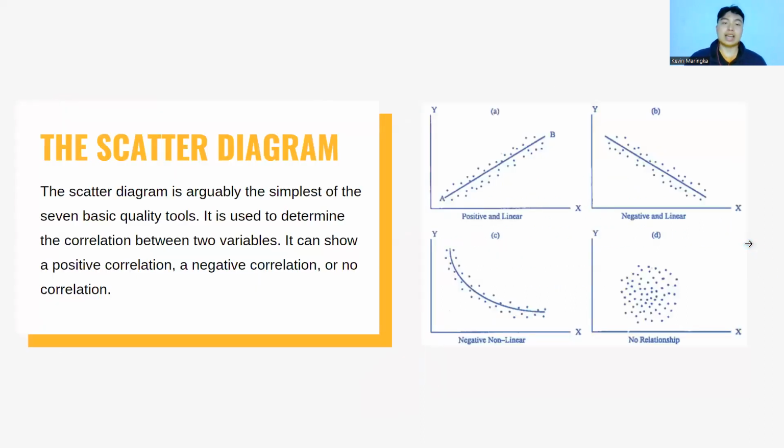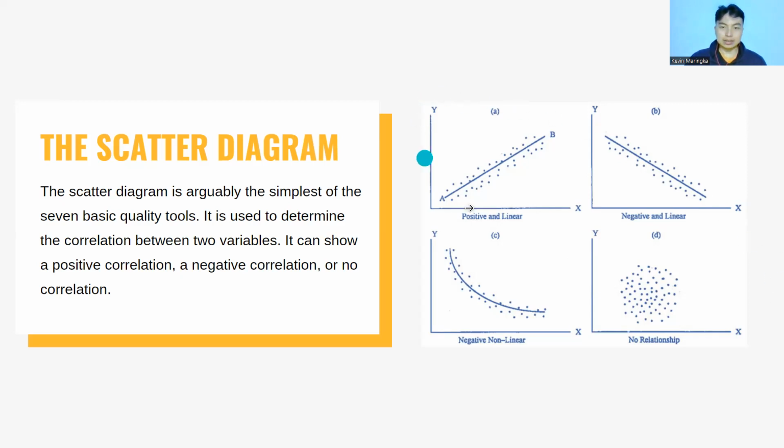The next one is the scatter diagram. The scatter diagram is arguably the simplest of the seven basic quality tools. It is used to determine the correlation between two variables. It can show a positive correlation, a negative correlation, or no correlation at all. This is an example of a scatter diagram. It's called a scatter diagram because, as you can see, it is scattered.